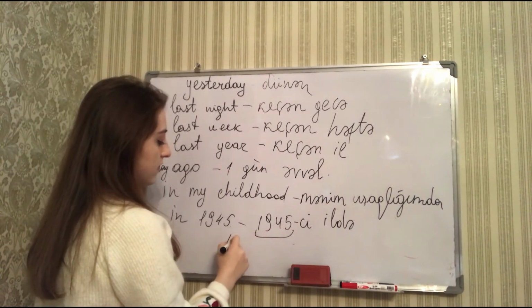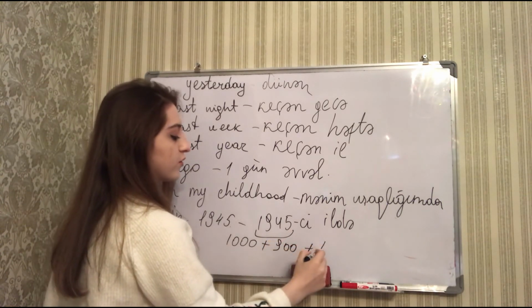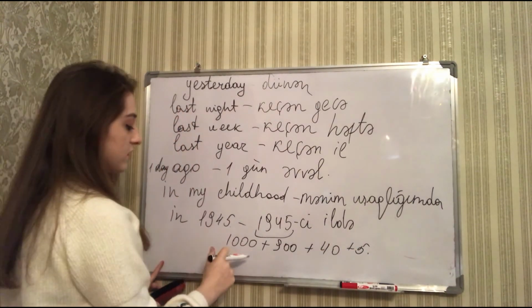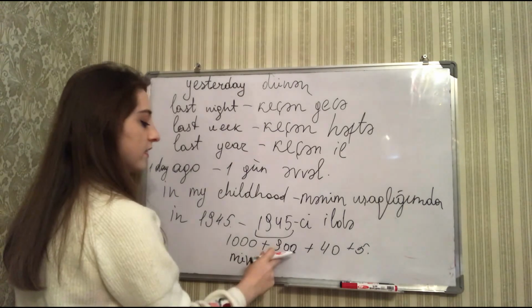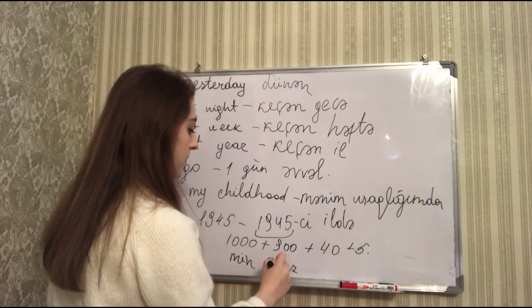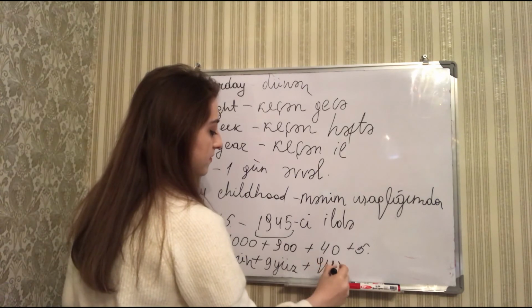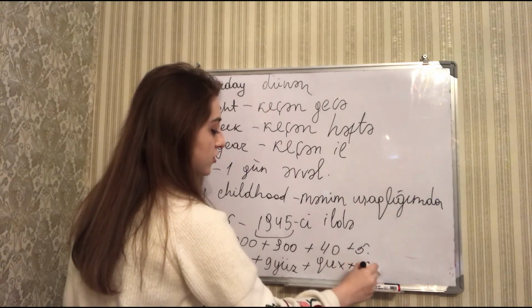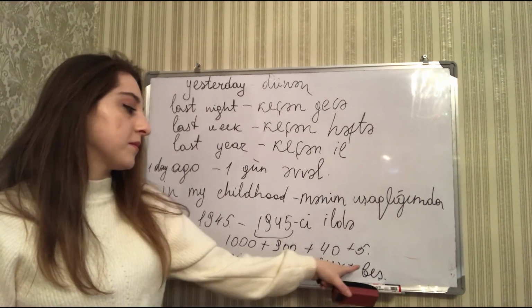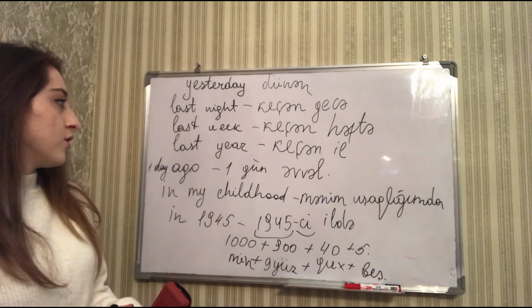It is 1000 plus 900 plus 40 and plus 5. 1000, 900, 40, 5. 1945, 45-ci ildə.